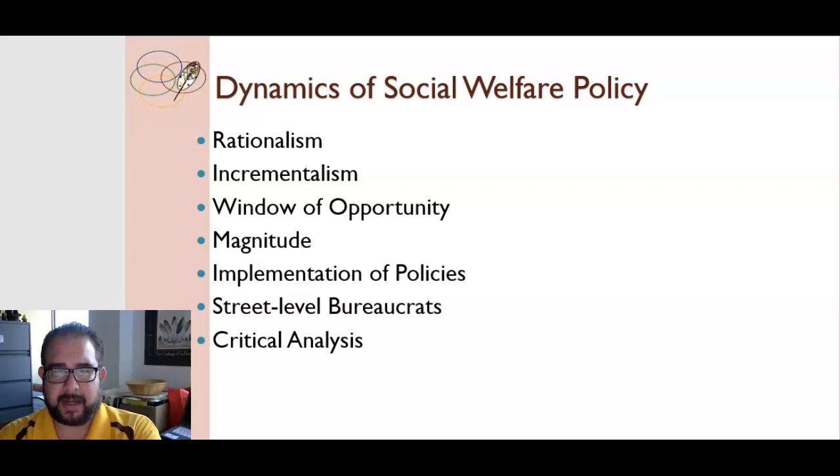It doesn't all happen at once. There's many steps and progress towards an end policy goal. The window of opportunity is when a policy or set of laws gets passed, because let's give the Affordable Care Act, or Obamacare as it's often known, an example.